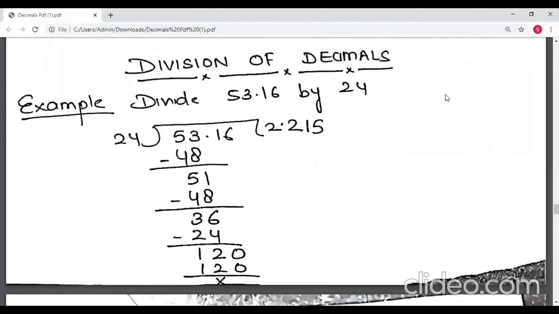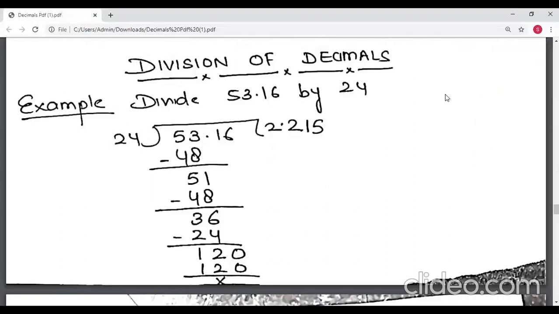Our next topic is division of decimals. Let me explain this topic by taking an example, 53.16 by 24. When we divide 53.16 by 24, 24 will be going 2 times, 48. Subtract the number, remainder will be 5. You will carry the number from above, 1. Then again 24 will be multiplied by 2, 48.